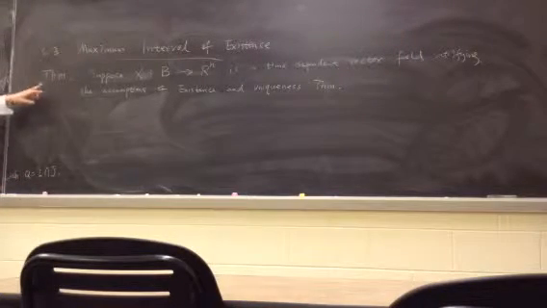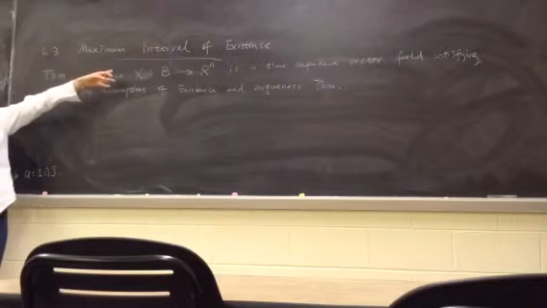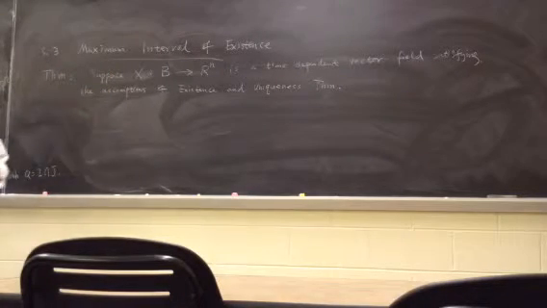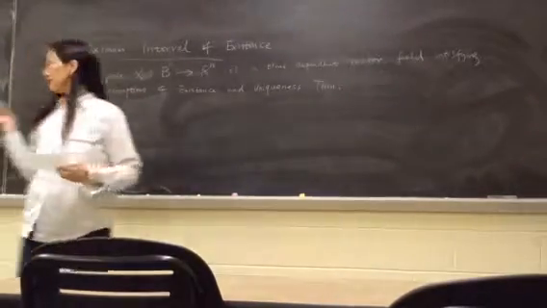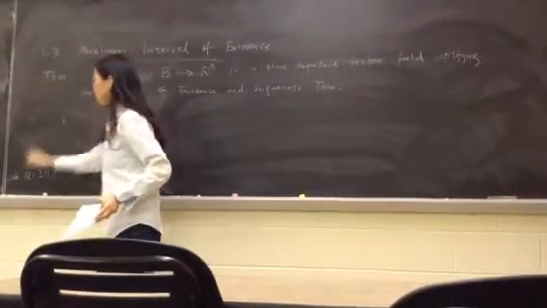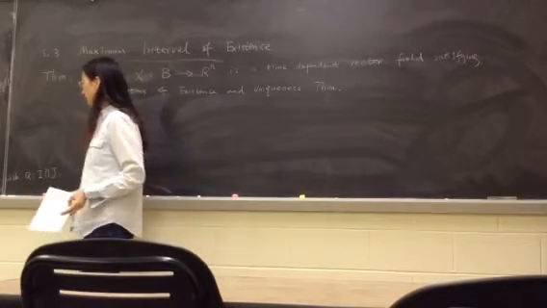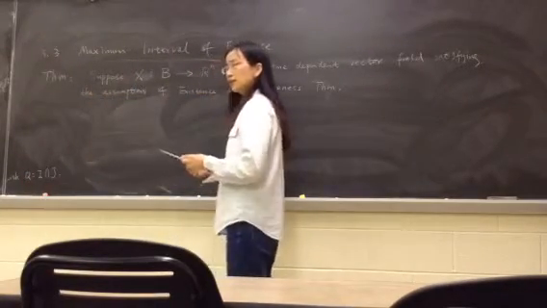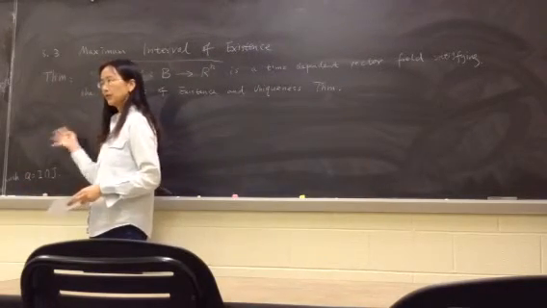So the purpose of this theorem is to identify the largest possible interval. That's why it's called the maximum interval of existence. So we have the same assumption, which means we can go all the way to this conclusion. But once you have that, can we make this interval as large as possible so that we still have a solution?